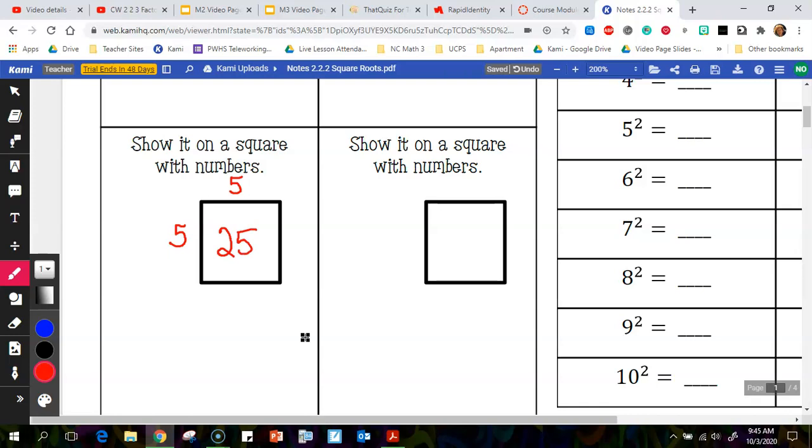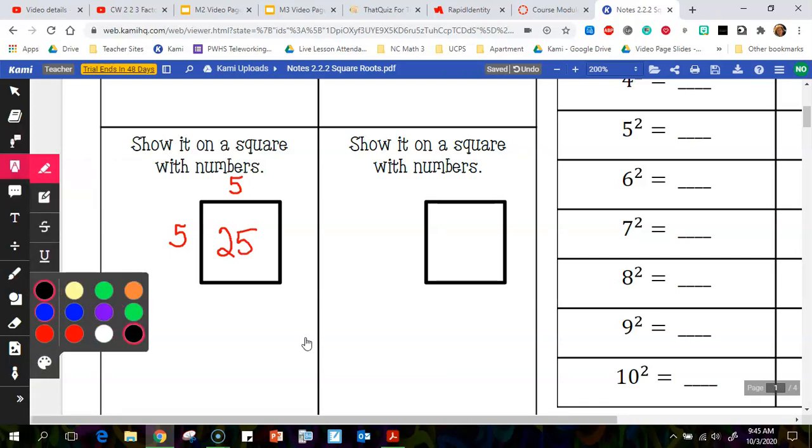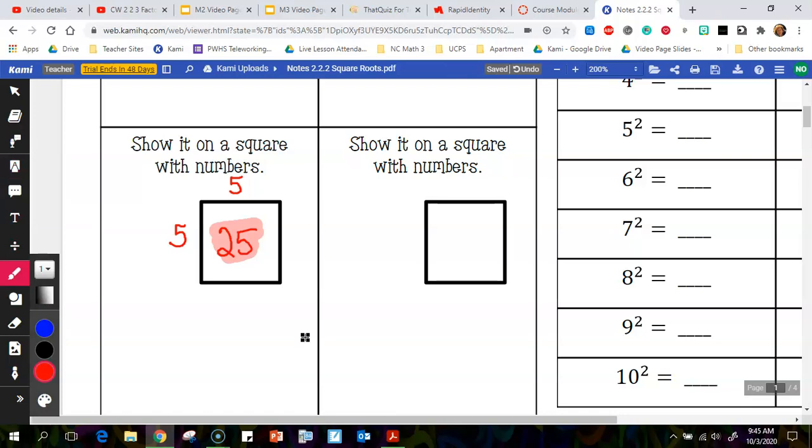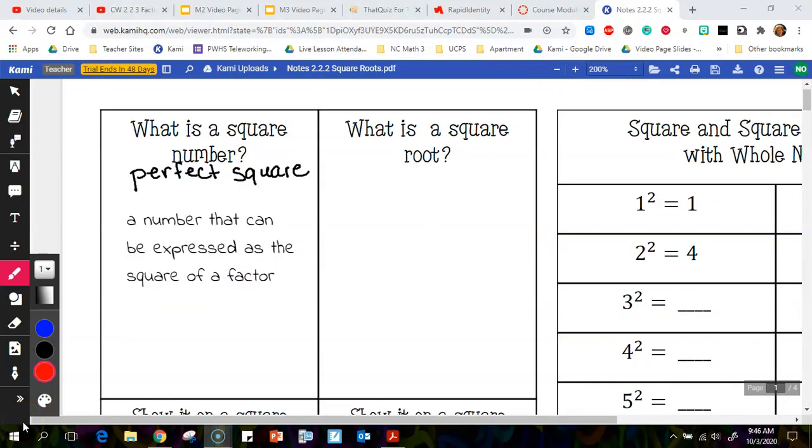So the 25 is what we call a perfect square. So 25 is the perfect square, or the square number, and again I always call it a perfect square. So let's go back up here to the top.